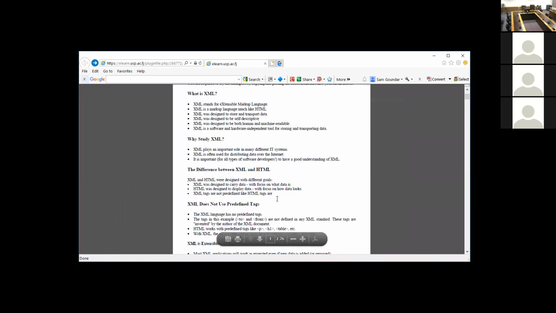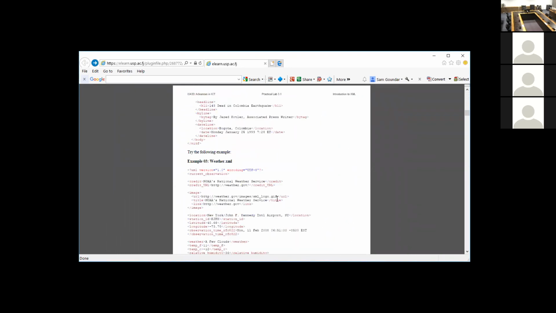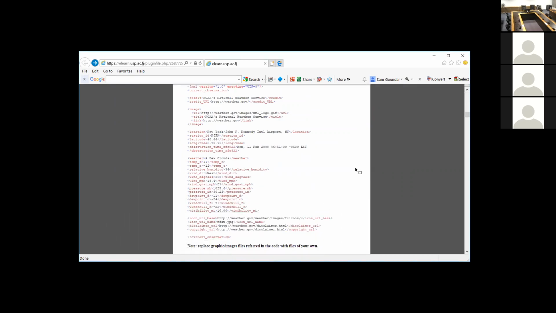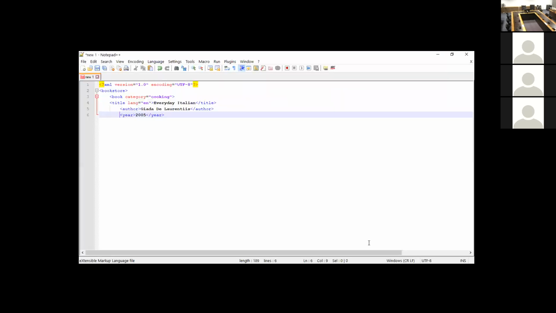Yeah, this is one. We were looking at the weather one. So copy heaps of code, say up to there. Go back to Notepad. Paste it.